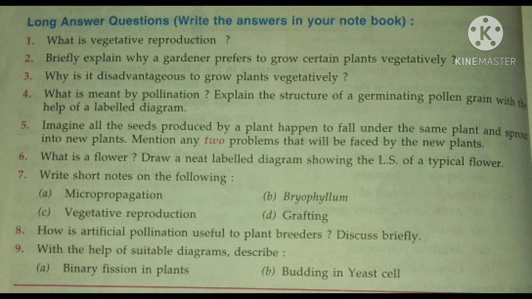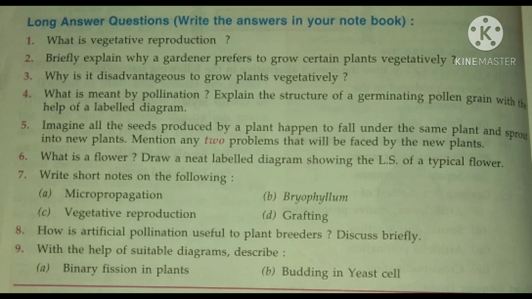Next question. Why is it disadvantageous to grow plants vegetatively? They are asking the disadvantages of vegetative reproduction. So on page number 19, you will get the 2 points. Disadvantages of vegetative reproduction. As all plants developed by vegetative reproduction are genetically identical, they are likely to be affected simultaneously if a disease spreads in the farm.